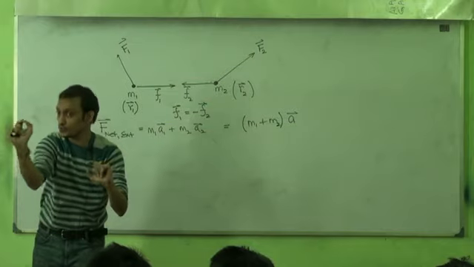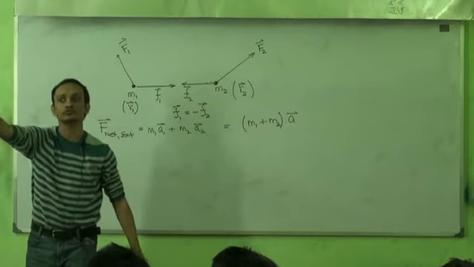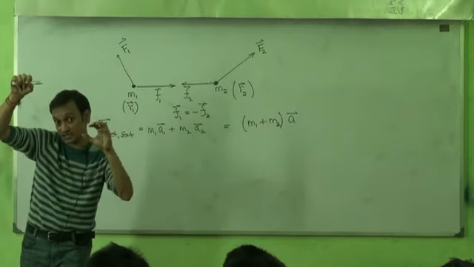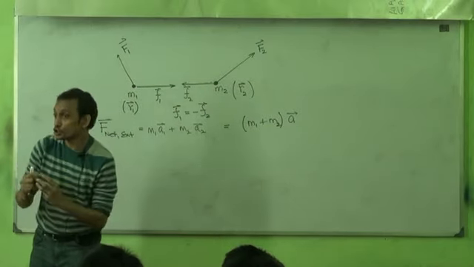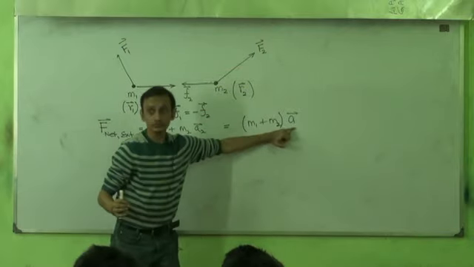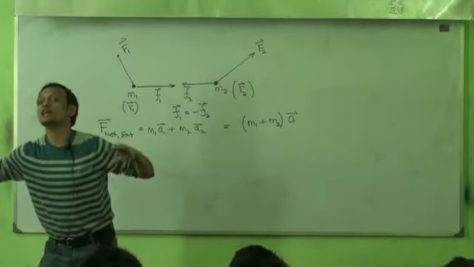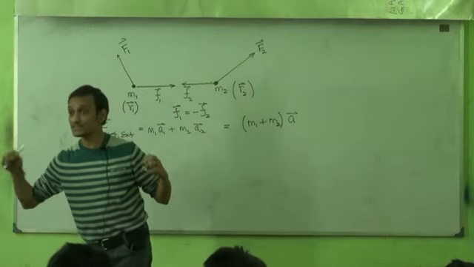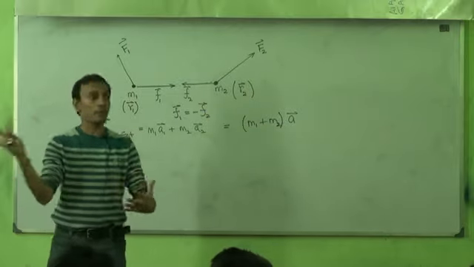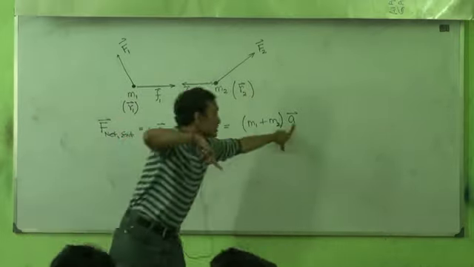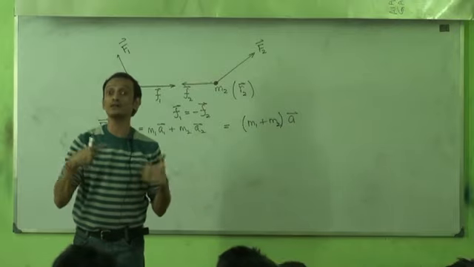This notional position R, where this notional mass M1 plus M2 is said to be located, and which when acted upon by a force produces an acceleration, is said to be the center of mass of this combination.